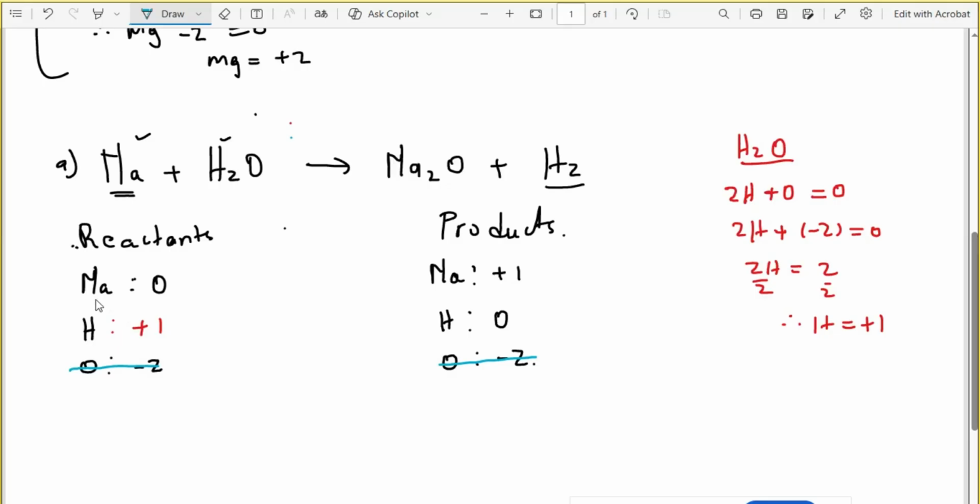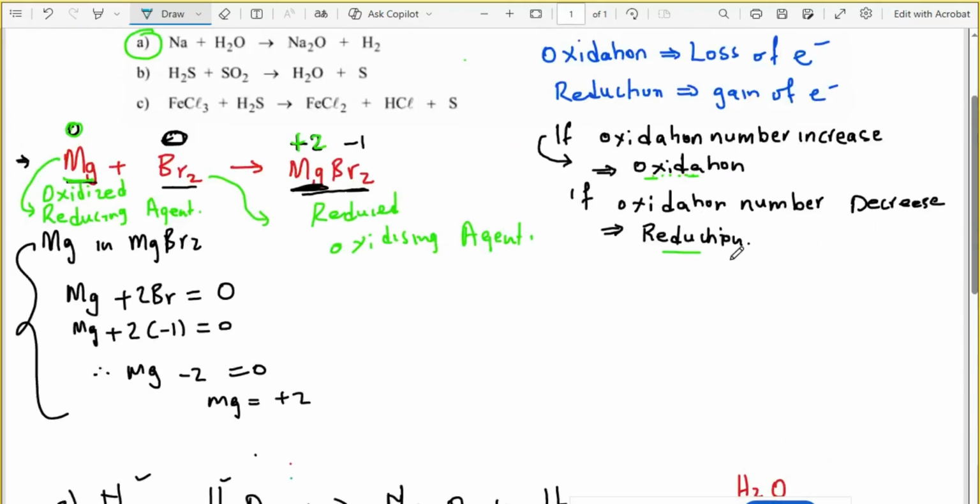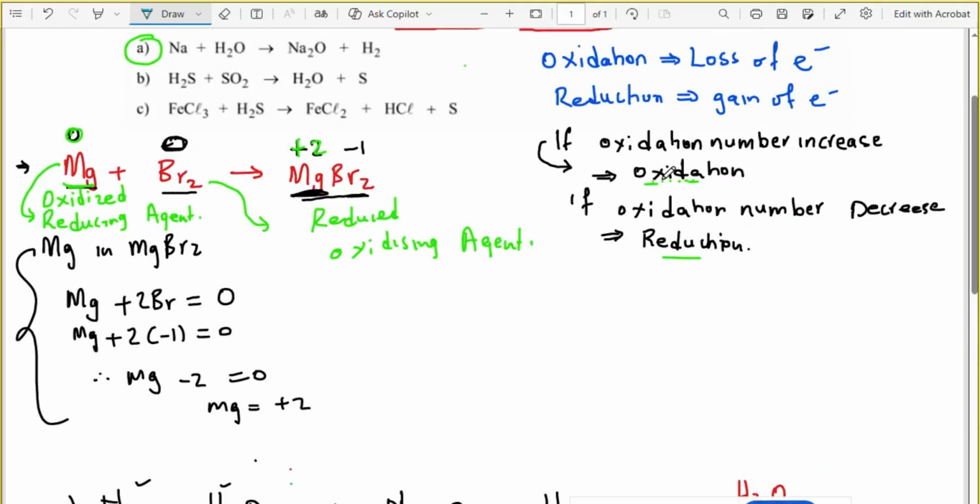And then we need to look at the sodium. The oxidation number of sodium changed from 0 to positive 1. And we said that if the oxidation number increased, this will be oxidation. It has lost electrons.